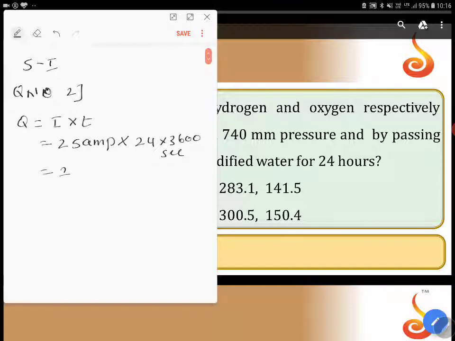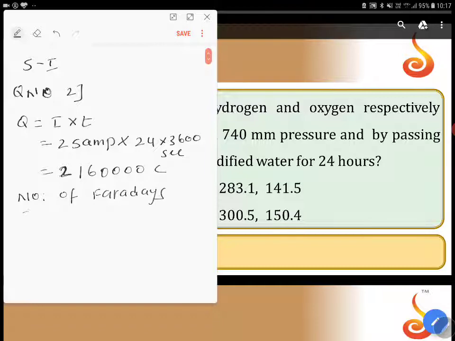So it is 216,000 coulombs. Now next step, we need to find the number of Faradays.